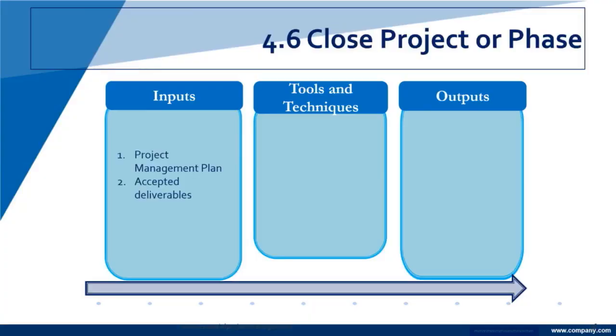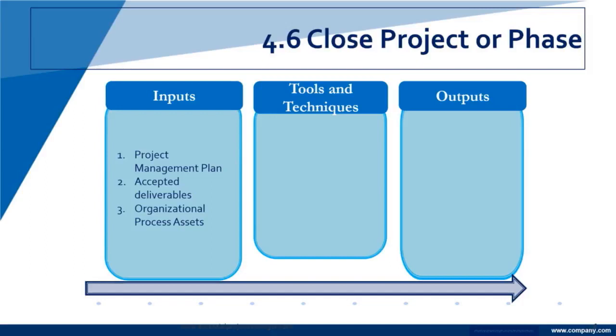Those have to not only be delivered, but they need to be accepted. So whoever is in that position of accepting delivery of those deliverables has to do that, and that's an input into closing. You can't close a project until the deliverables have been accepted by the proper party.